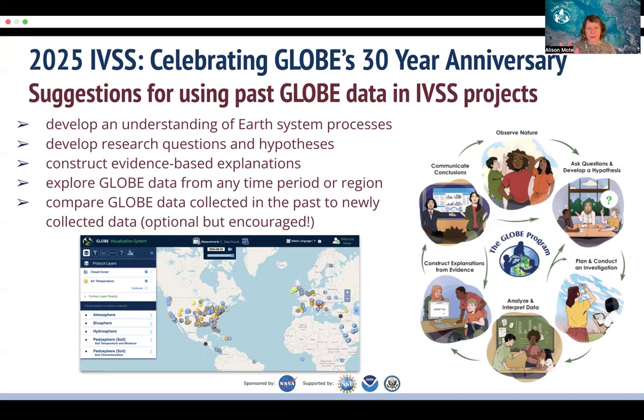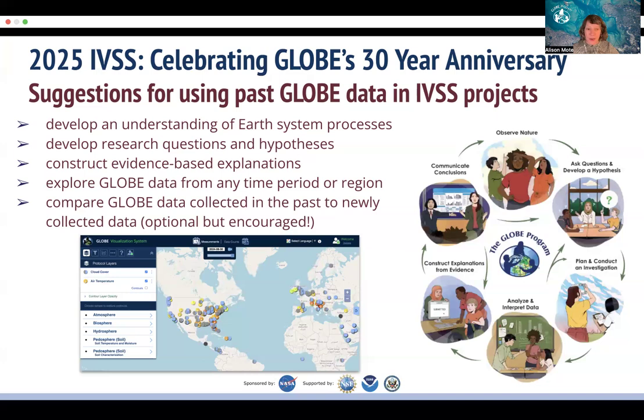But here are just some ideas as students start to engage with their IVSS projects or start their research projects. They could use Globe data to develop an understanding of Earth system processes. So maybe getting some of the background knowledge or building on their background knowledge using Globe data.